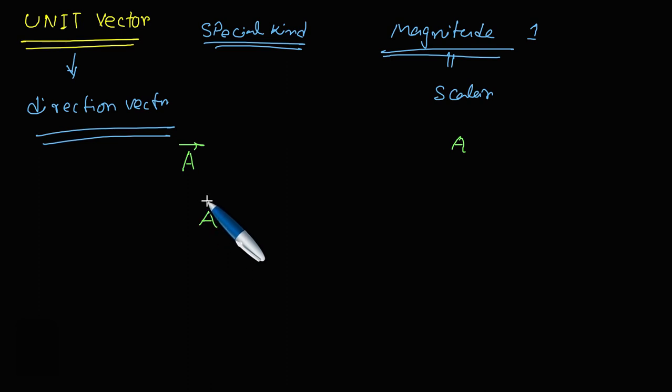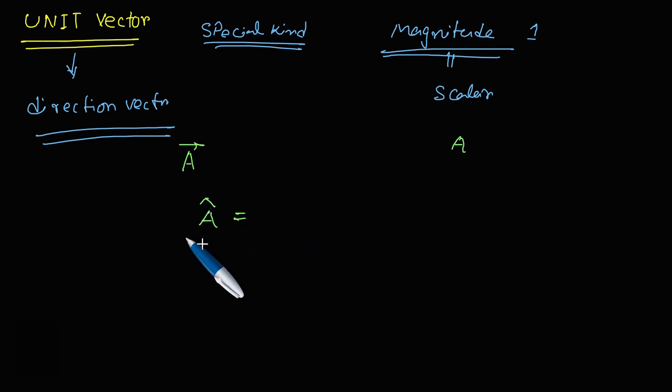We write unit vector as a cap. Someone can call it hat, A hat. But cap is good. It depends on how comfortable you are to say cap or hat.